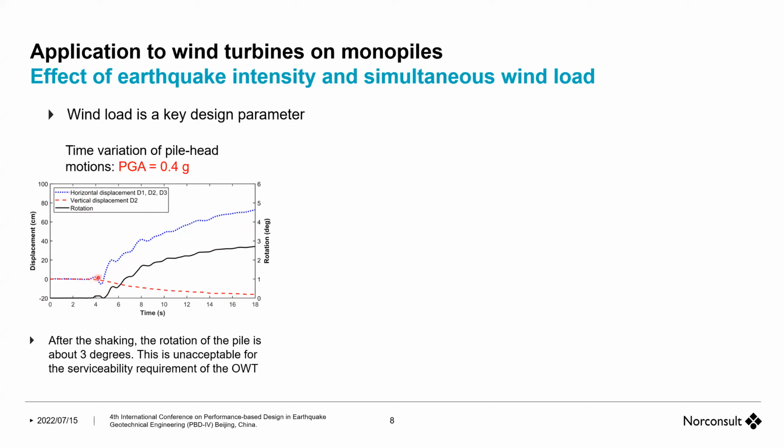The vertical motion builds up to 10, 15 centimeters, not dramatic. But the most important thing is the buildup of rotation, the permanent tilt, which at the end of the shaking comes up to about 3 degrees, which is very large. The limit is 0.5 degrees. So even if it is not collapsing, at the end of the earthquake it is not usable because the rotation is very large.